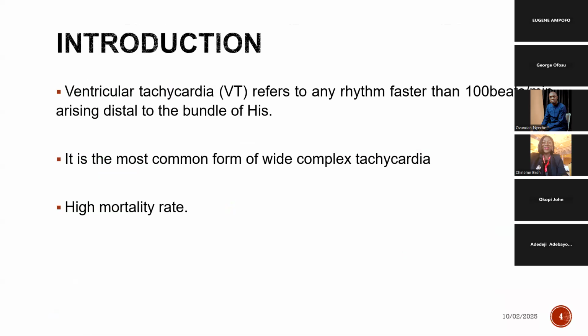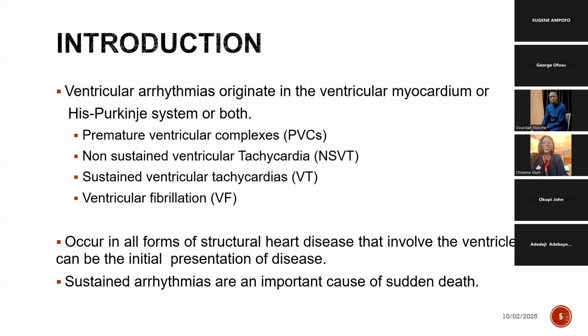By way of introduction, ventricular tachycardia refers to any arrhythmia that is faster than 100 beats per minute, which arises distal to the bundle of His. It is the most common form of wide complex tachycardia and has a high mortality rate if nothing is done to halt it. Ventricular arrhythmias originate in the ventricular myocardium or His-Purkinje system, or both.